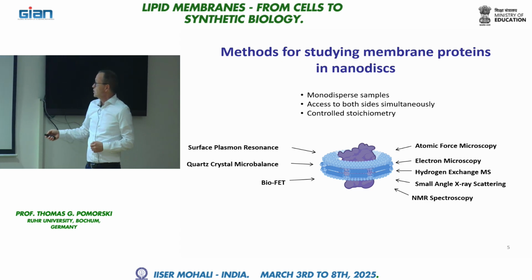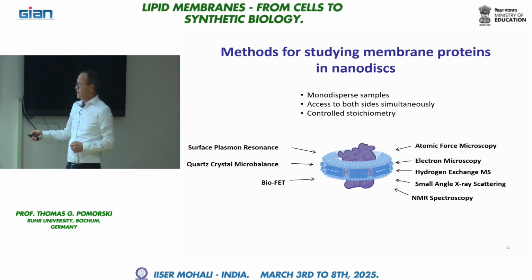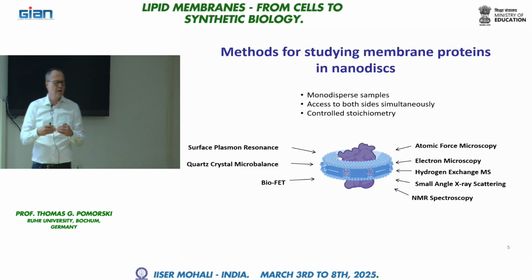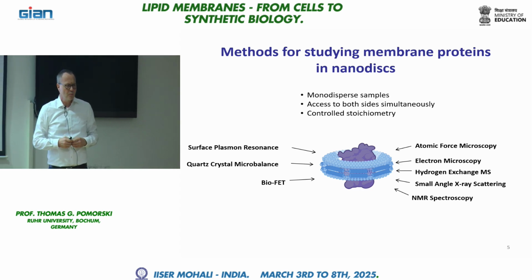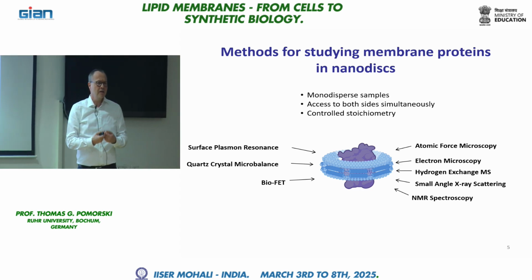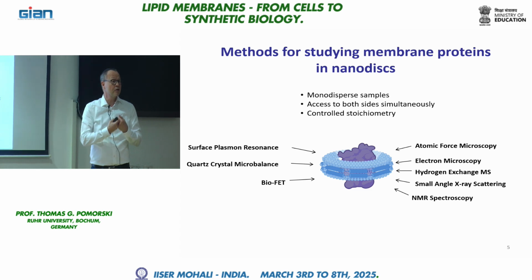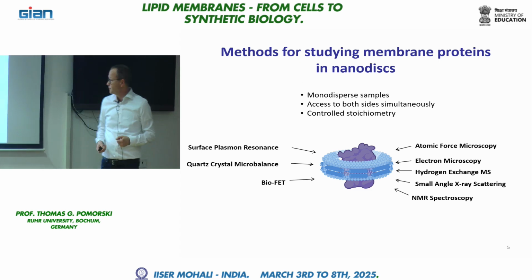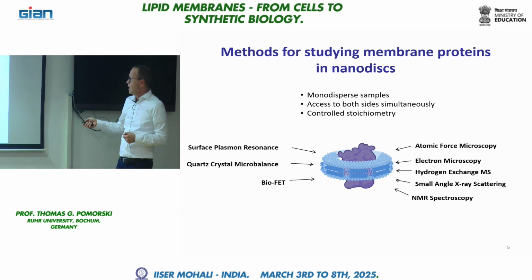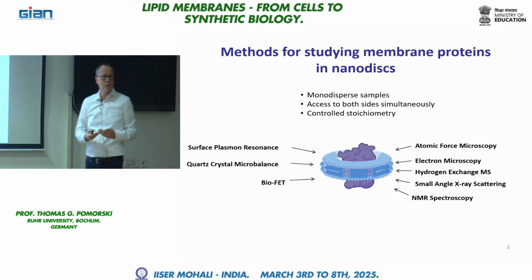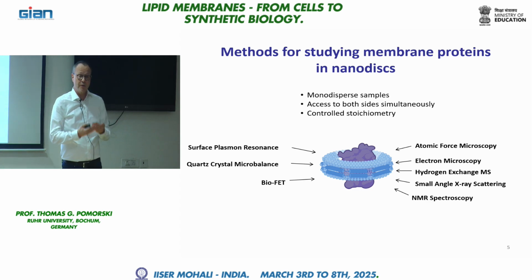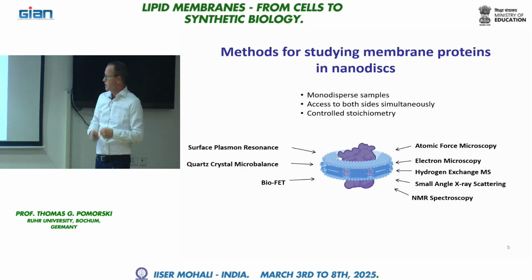You can do small angle X-ray scattering, a technique that we will go into in a little more detail tomorrow. It's a scattering technique that gives you information about the structure of the particle. You can use nuclear magnetic resonance spectroscopy, which can give you some insight into the structure of the particle, of the protein, or of the whole complex that you can study with this technique.